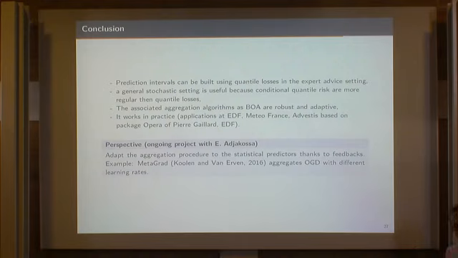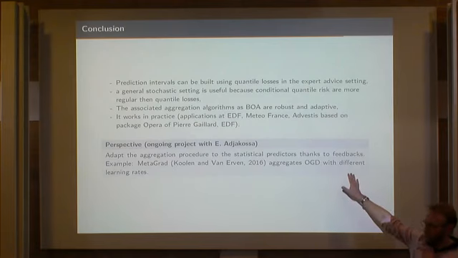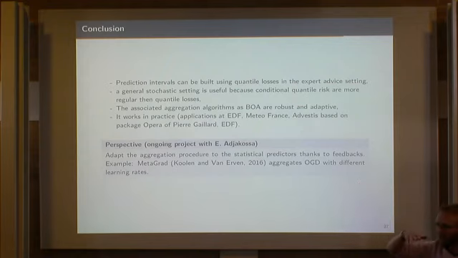The idea is that each of these statistical learners has some different behavior, and then we want to compete. But I don't know how it works in practice, because to my opinion, OGD with different learning rates are still very close to one another. So I don't know if the aggregation boosts these methods a lot. I think it's better to find algorithms that are more different.